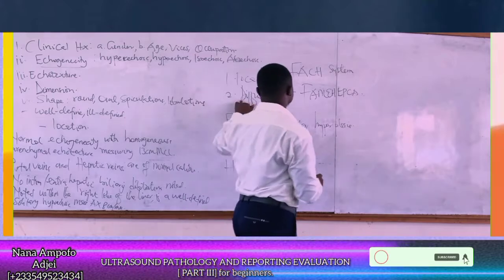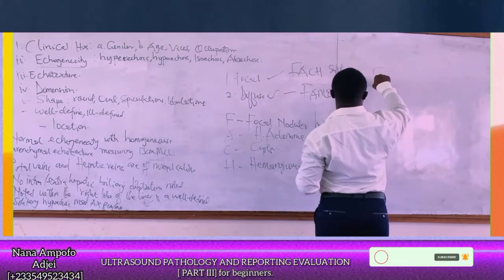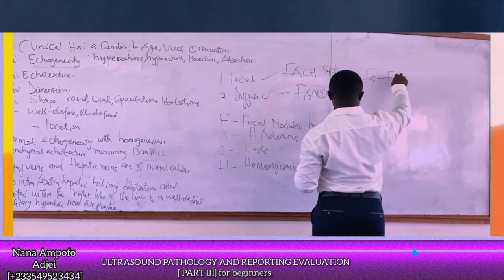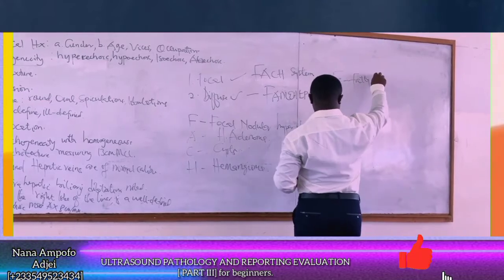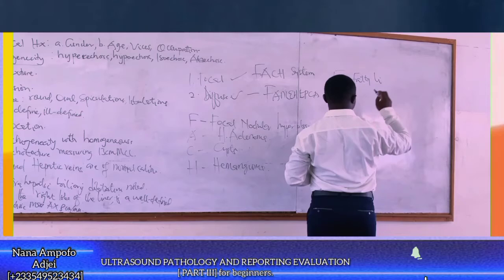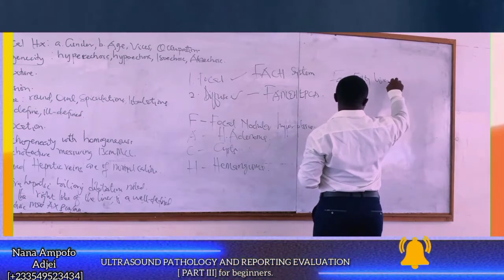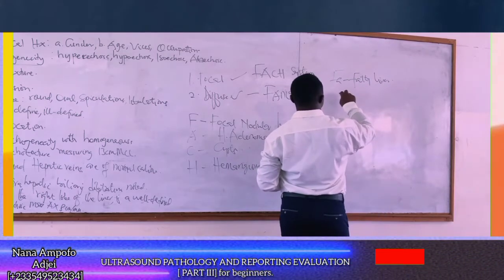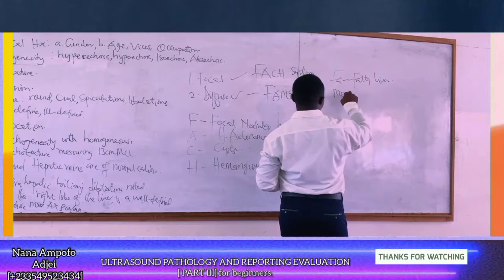And then diffuse. FA is what? Fatty liver. Fatty fibrotic pattern. M is what?